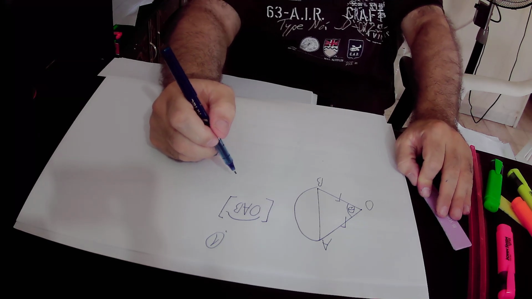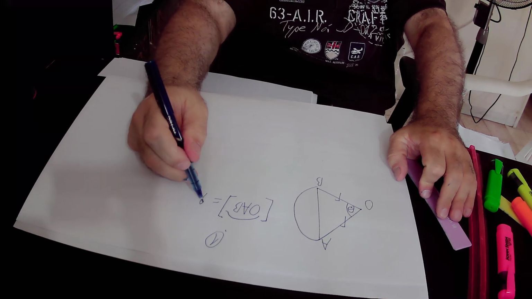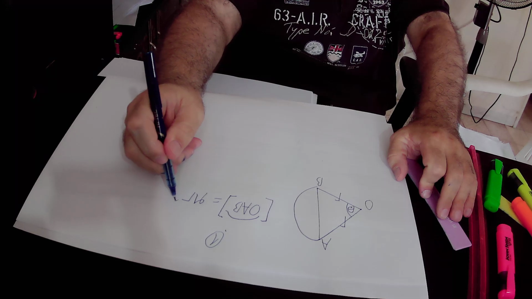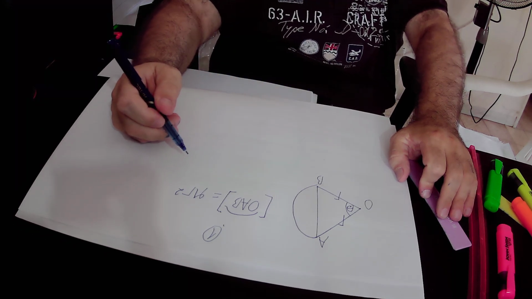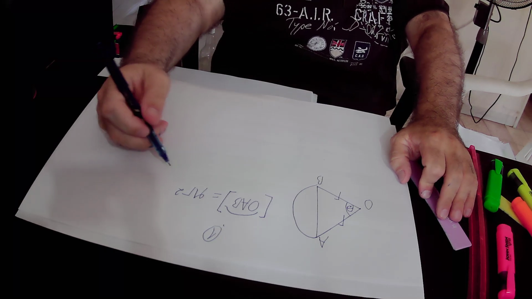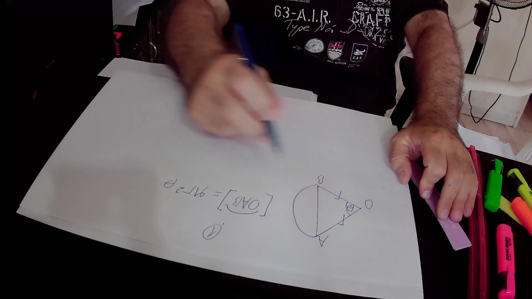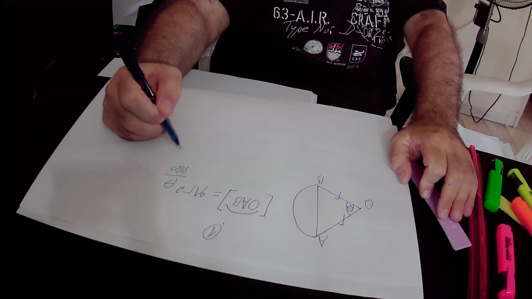What is the area of sector OAB? It is equal to the area of the circle that contains the sector, that is to say pi r squared, because r is the radius of the circle that contains sector OAB, times theta over 360 degrees. Theta is the angle between the legs of sector OAB.